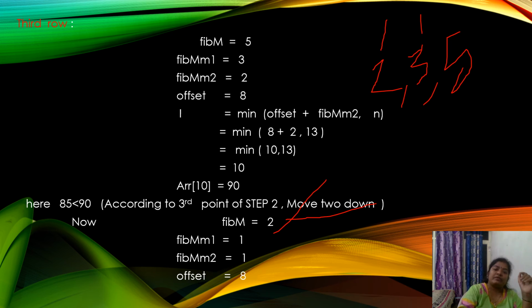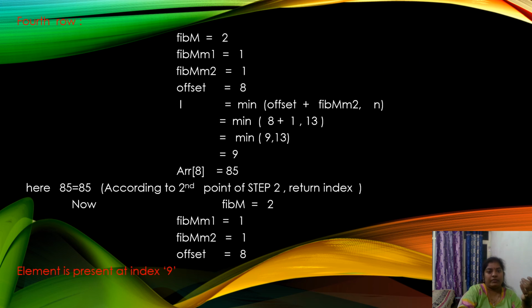What are the previous values of that 2? 1 and 1. Don't perform any reset operation; whatever the previous offset value was, the same offset value is copied. So these values can be treated as input to the next row: 2, 1, 1 and the offset value is 8.